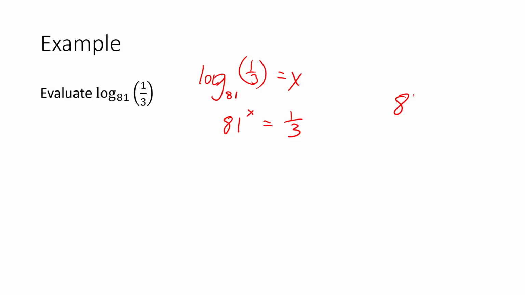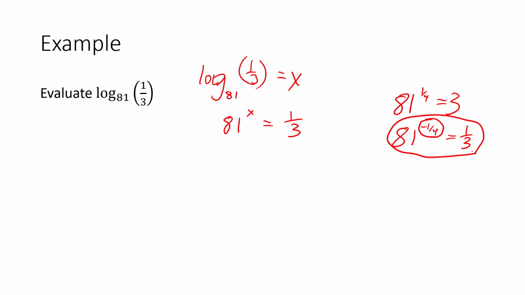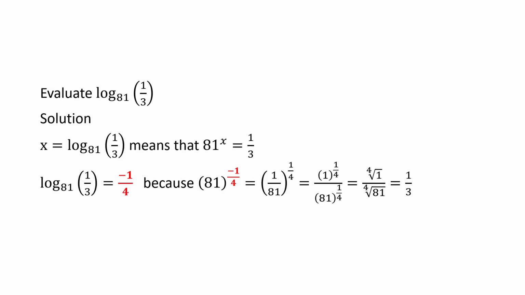In other words, 81 to the 1/4 is 3. That would mean that 81 to the -1/4 is 1/3. So we've just figured out our answer. Since 81 to the -1/4 is equal to 1/3, therefore the log base 81 of 1/3 is -1/4.